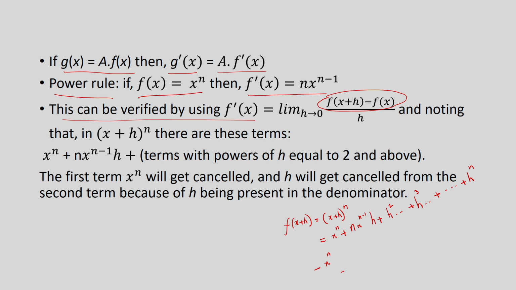So, this term becomes n x to the power n minus 1 multiplied by h plus h square multiplied by something plus h cube multiplied by something plus dot dot dot. And then I have to divide this by h.